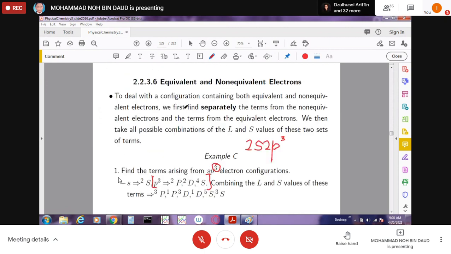Like here, given this electronic configuration of a mixture of non-equivalent electrons, 1 in 1s, 3 in 2p, 1 in 2s, 3 in 2p, you can treat these separately. Here the P3 has these 3 symbols, and we can also find this easily for the 1 electron.